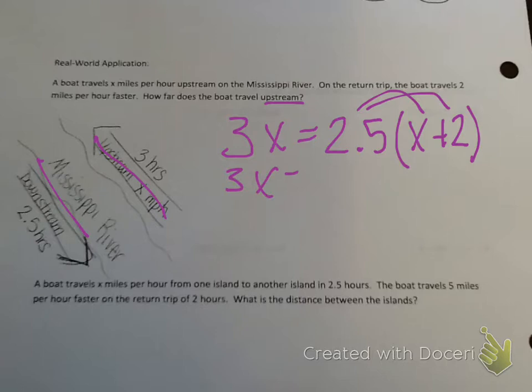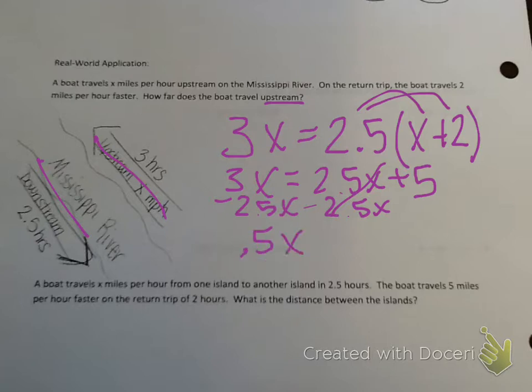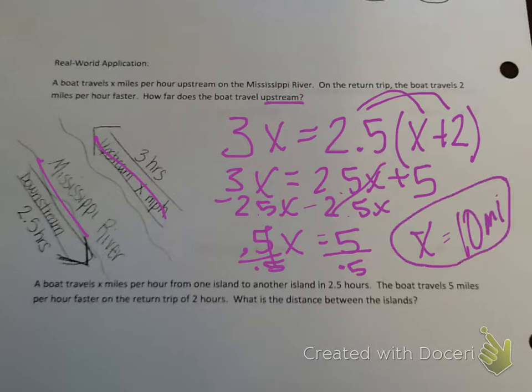We'd have 3x equals 2.5x plus 5. Subtract 2.5x. 0.5x equals 5. Divide by 0.5 and come up with 10 miles.